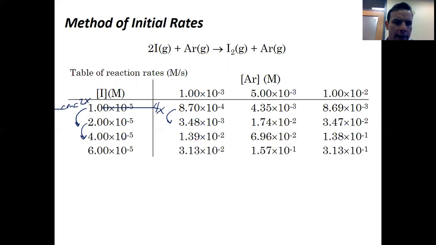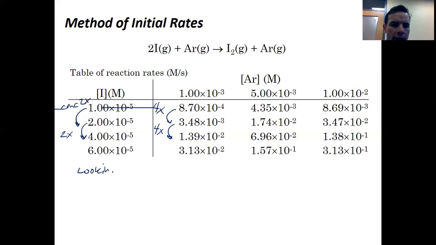If I look down here again, concentration has gone up 2 times. If I compare these two, again, doubling this is 7. If I double it again, I get 14. So this has gone up 4x.